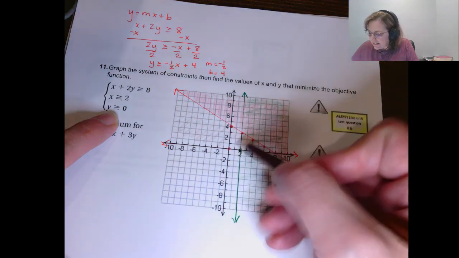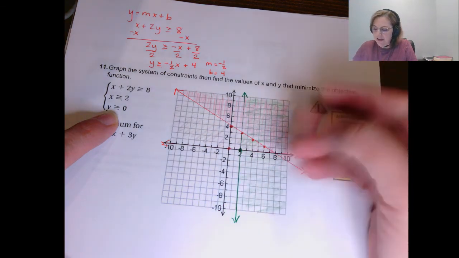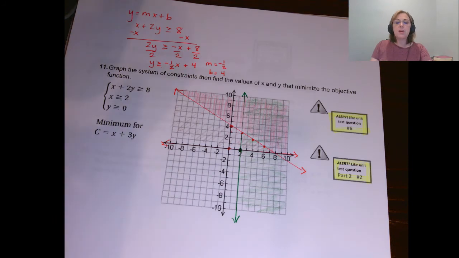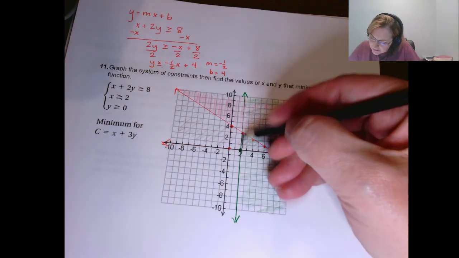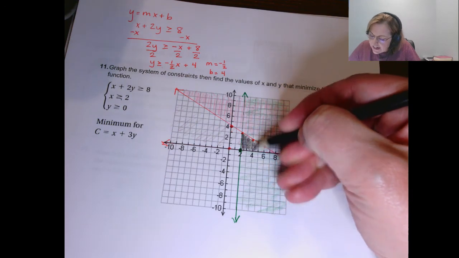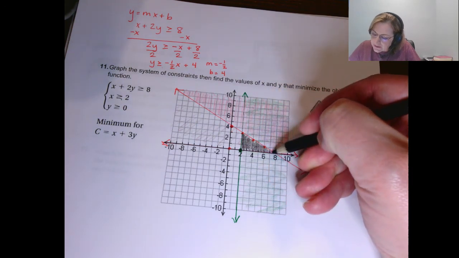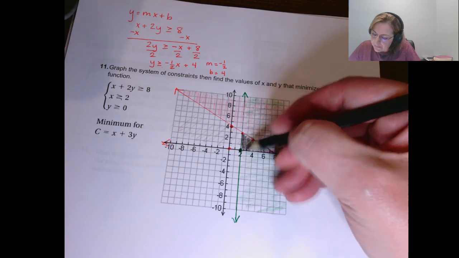So you can easily see this nice triangle that's formed where the overlap happens, right? You see all 3 of them overlap in this section here. So I'm taking an extra color and I'm darkening it in so that it makes that overlap show up.